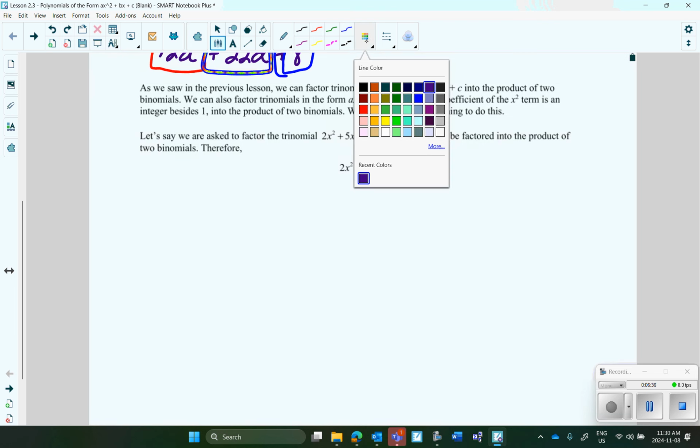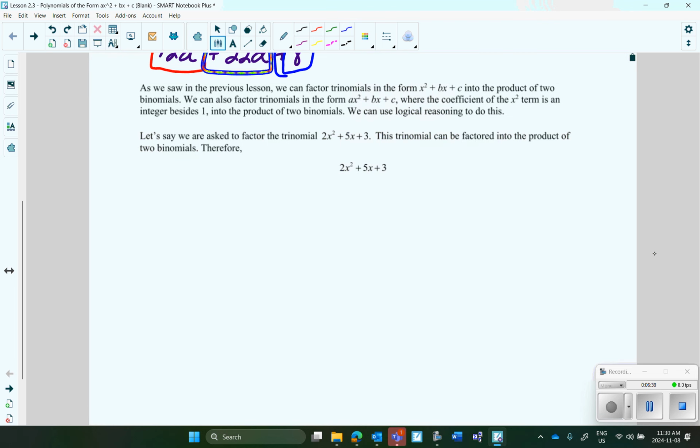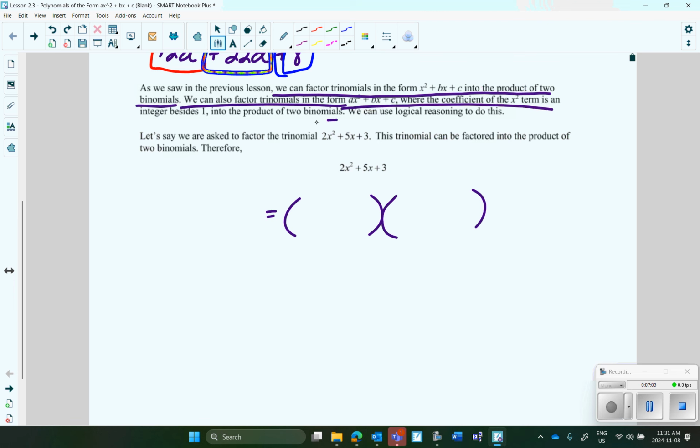So what we've got to do, first of all, it's always going to break up into two binomials. Always. Just like I said here. We can factor trinomials like that into two binomials.